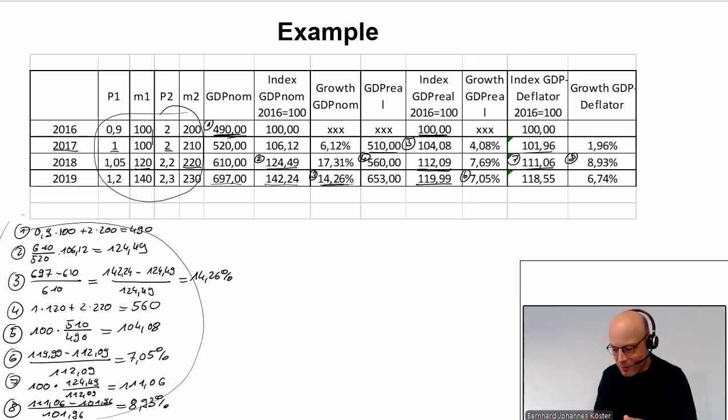But then you have to look at it and say, well, is it reasonable? Has it fetched the data in the right way? And if you then see, well, there is a negative growth rate, then you know, well, there is something wrong in the calculation. So please practice these things.